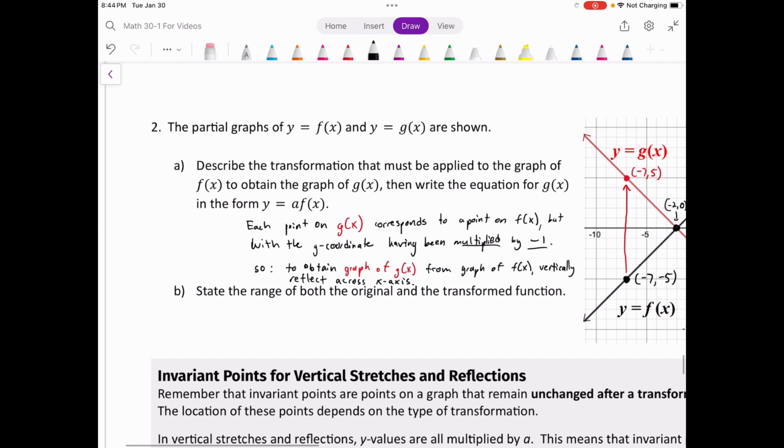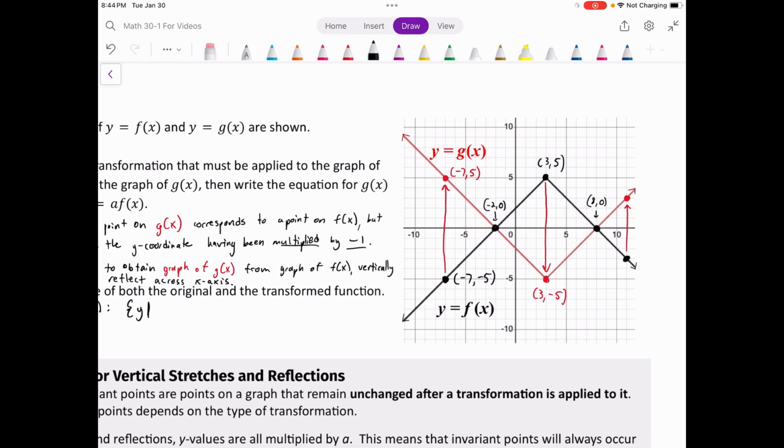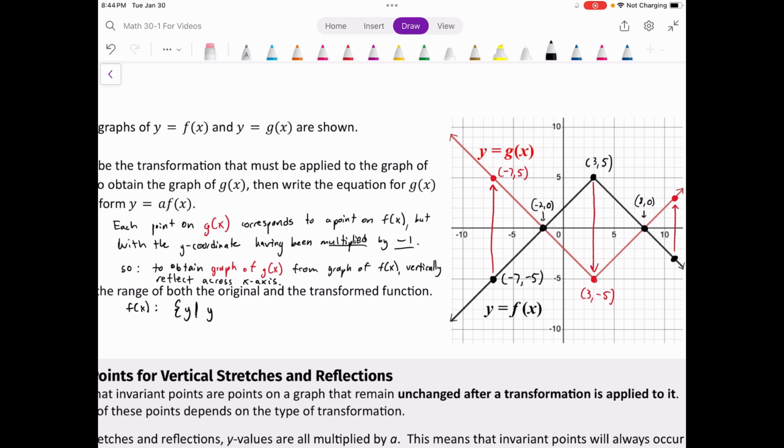So for f of x, the range would be the set of all y's such that, well, it goes as low as -infinity, but it never goes above 5. So our y values are always less than or equal to 5. Anything less than or equal to 5 is part of this function's range. Or again, in interval notation, we could say from -infinity up to 5, with a square bracket on the 5 because it can actually be 5.